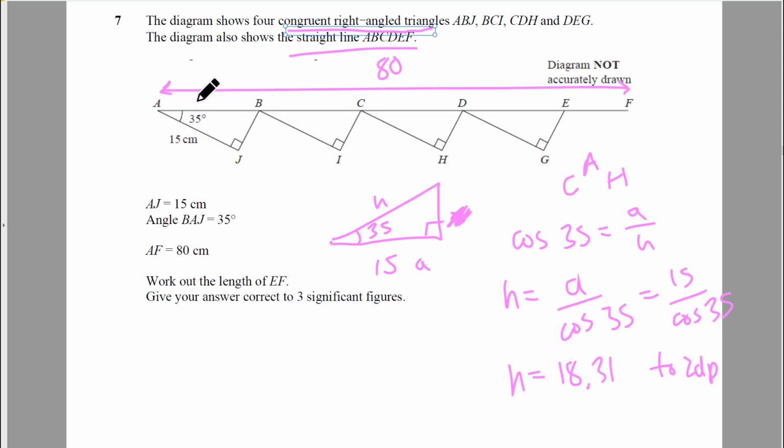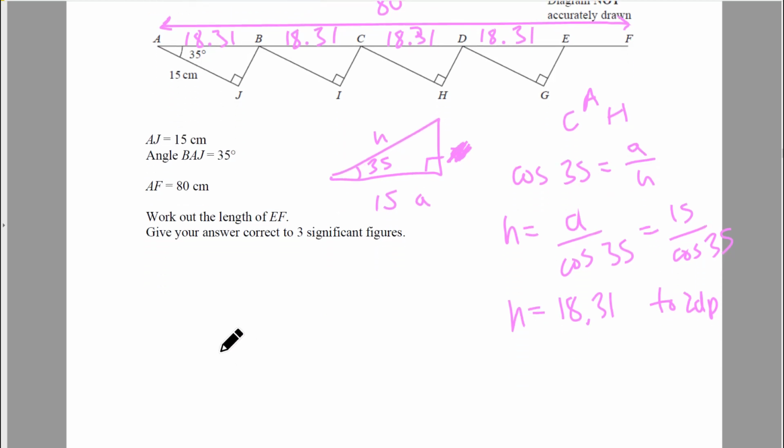So how many have we got? We've got 1, 2, 3, 4 of those, right? So we just need to do 80 minus 18.31 times 4 to find the length of EF.